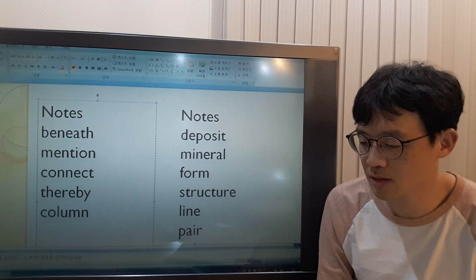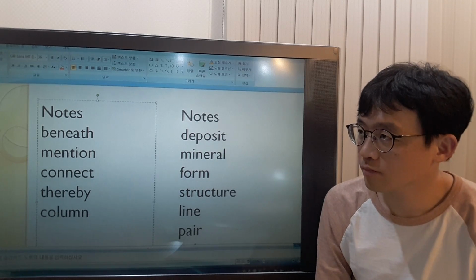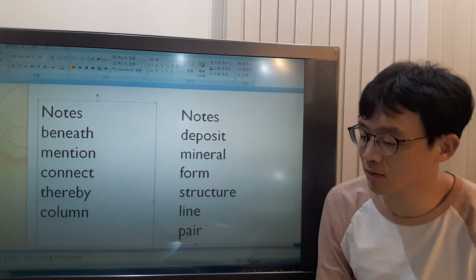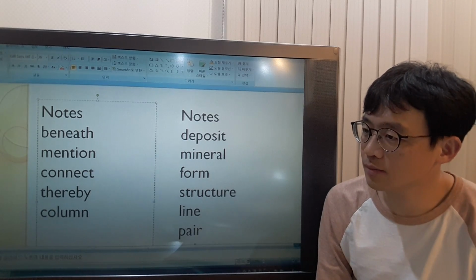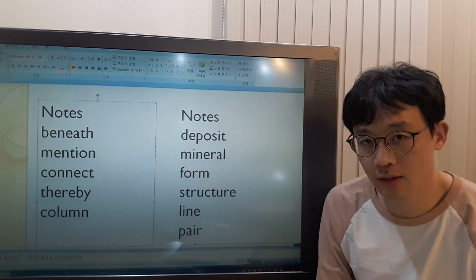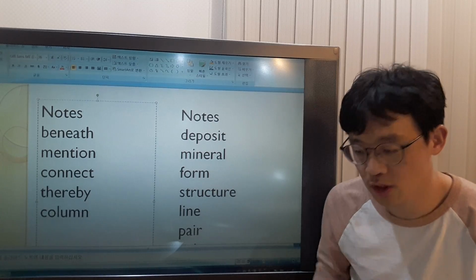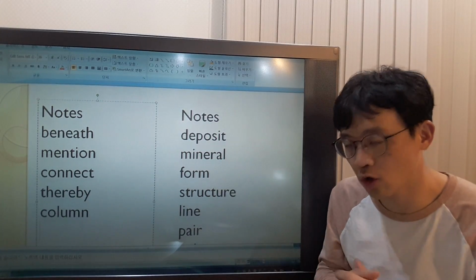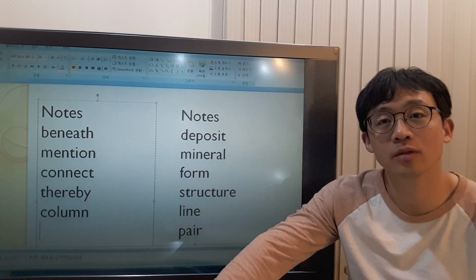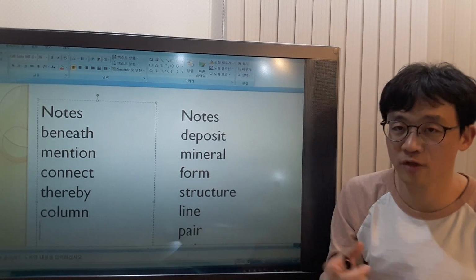Column is tall and sometimes decorated, okay? Cylinder-shaped stone. That's a column that is used to honor someone, all right, or be a part of a building.